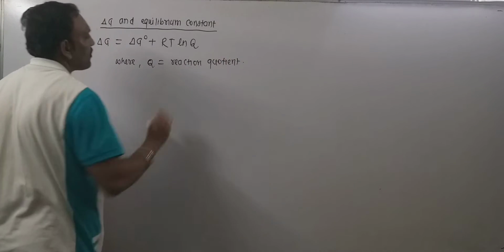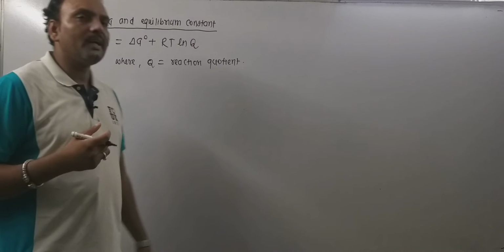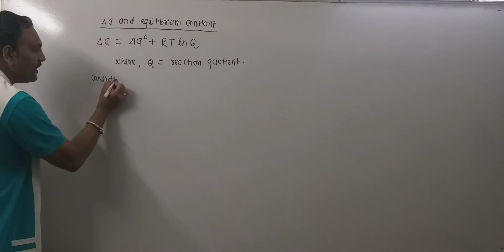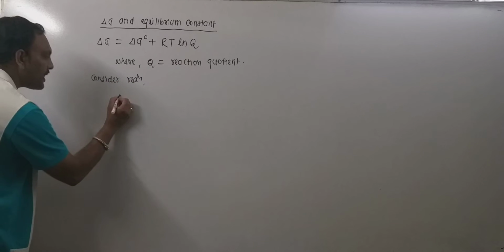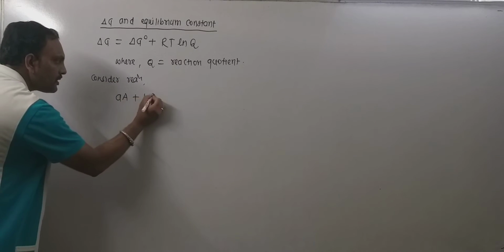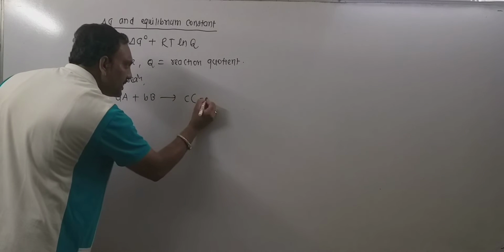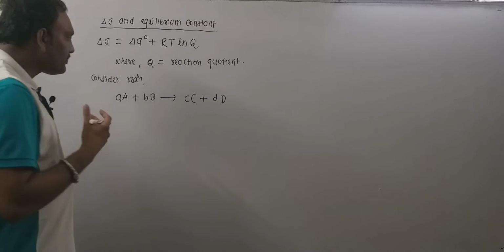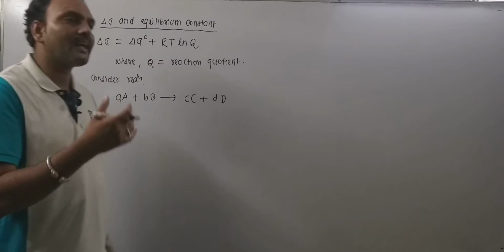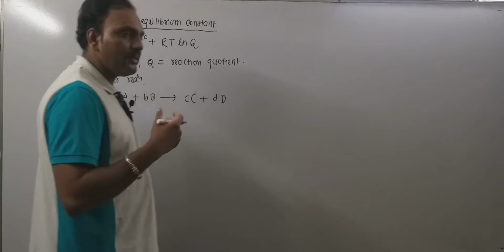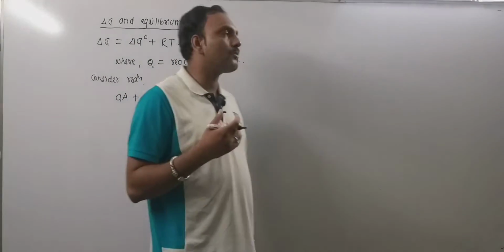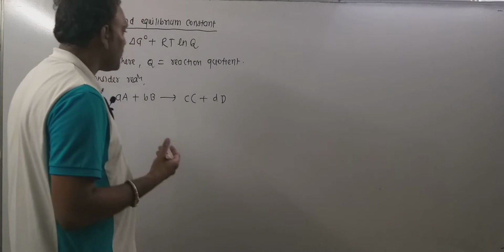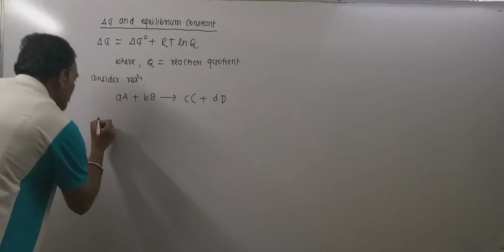Now how does one calculate the reaction quotient? For that, consider the hypothetical reaction of the type aA + bB gives cC + dD. If all the ingredients in this reaction are in the aqueous phase, then to calculate the reaction quotient Q we need to take care of the molar concentrations.